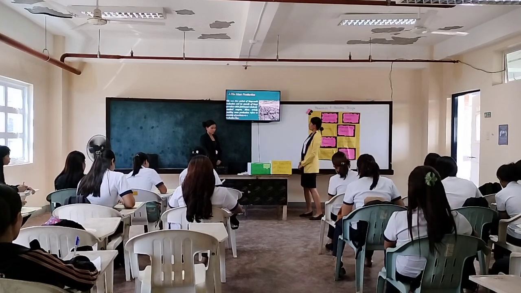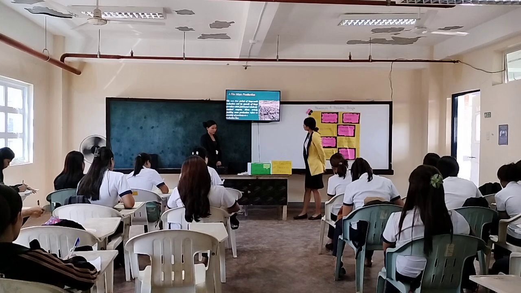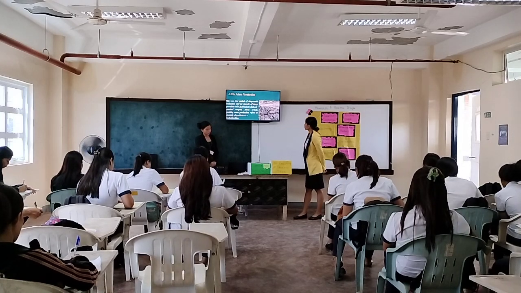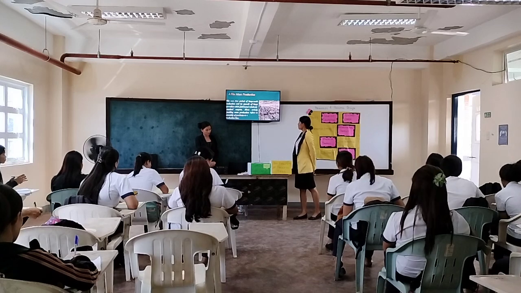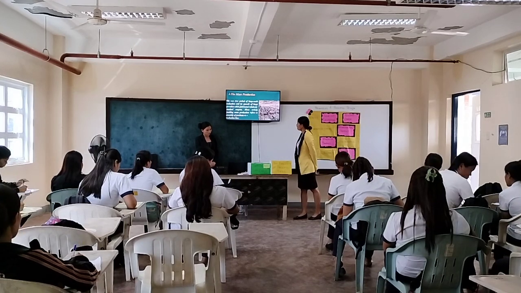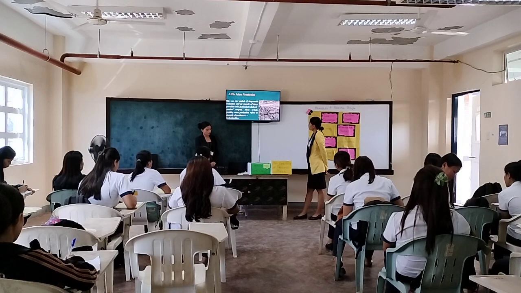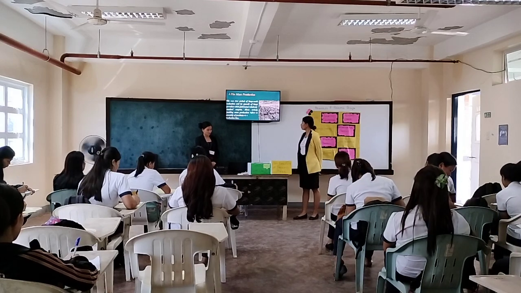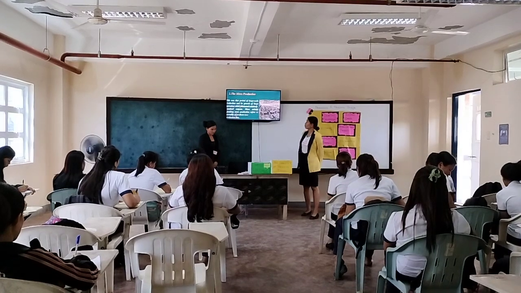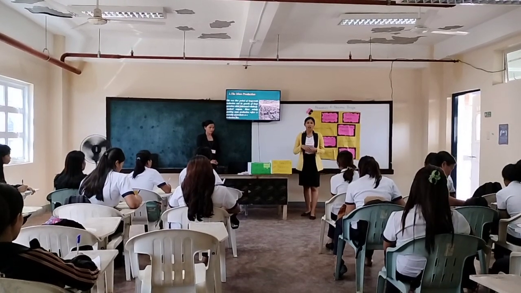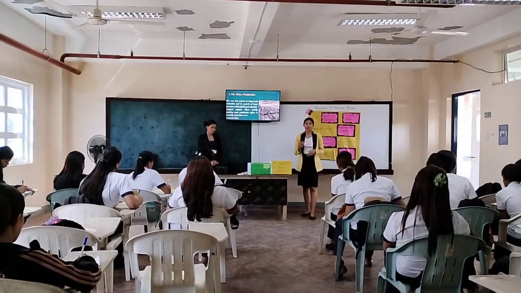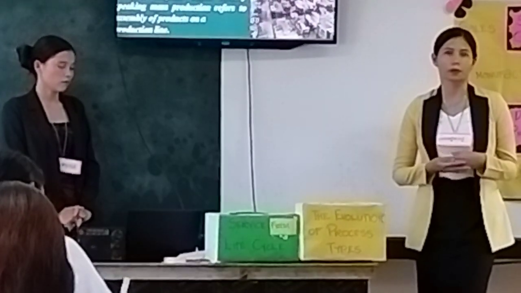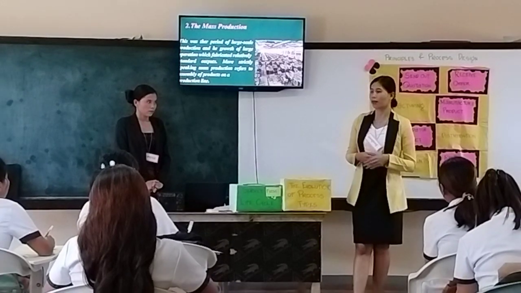And next we have the mass production era. This was the period of large-scale production and the growth of large operations with fabricated, relatively standard outputs. More strictly speaking, mass production refers to assembly of products on a production line. So during that time, many businesses or organizations produced a large number of products so that they could sell them in the market.